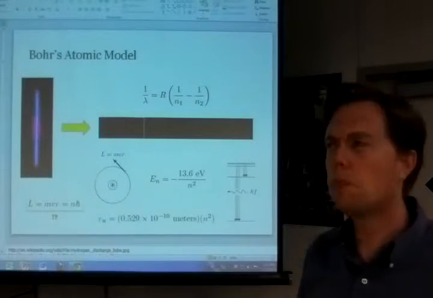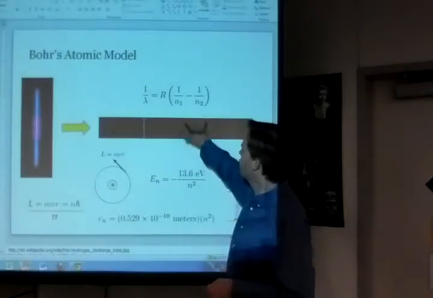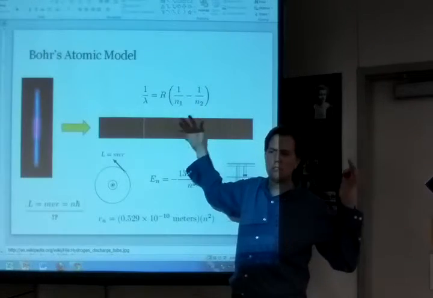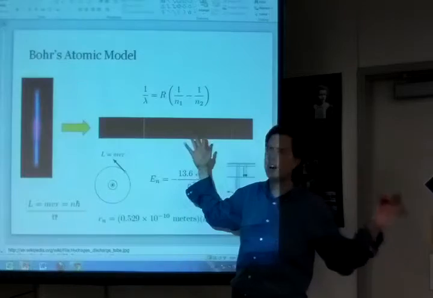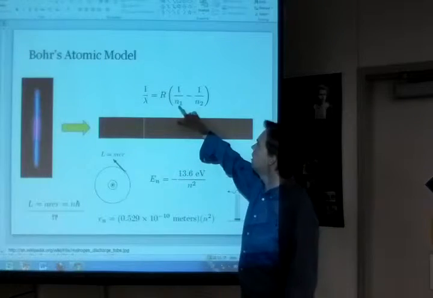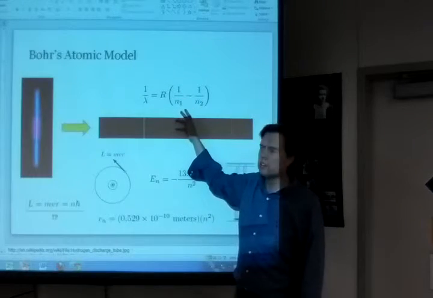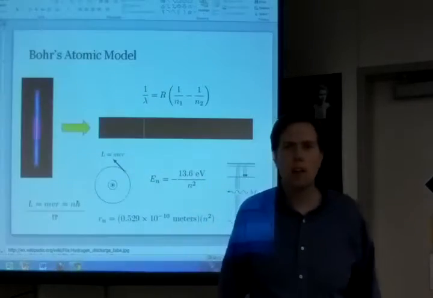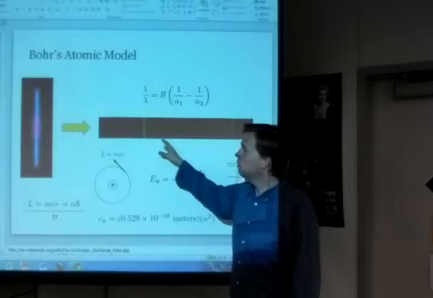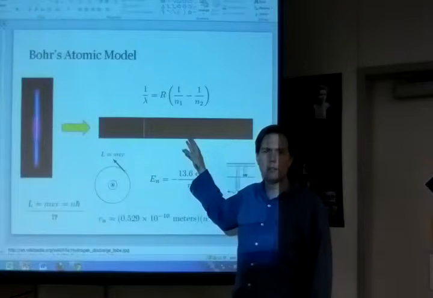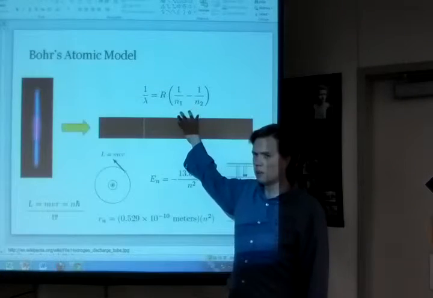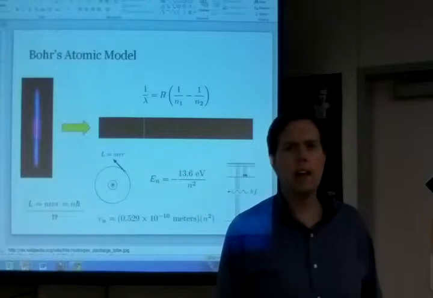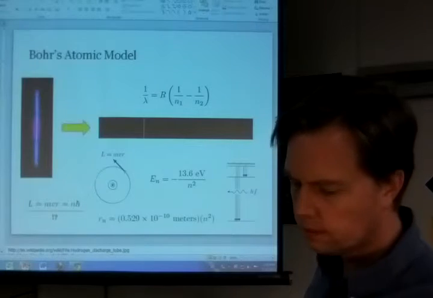And basically what it represents is you've got two integers here, n1 and n2. It could be 1, 4, 6, and 3, whatever, right? You've got these integers, and if you calculate all the different combinations and calculate the wavelength associated with that, that predicts the pattern for the hydrogen atom. Now, where this formula comes from, no one knows, but at least it gives us a mathematical handle to start understanding some of these things.